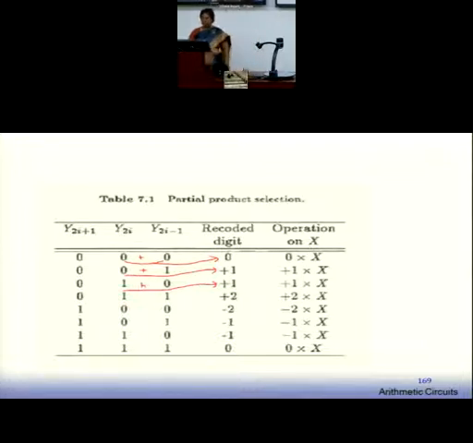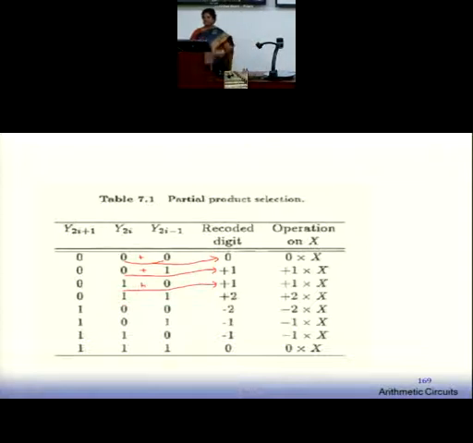Okay. So now there you have 4 combinations, here you have 8 combinations. So you are taking care of which combinations? 0, 1, 1, 2, -2, -1, 1, -1 and 0. Digit set is changed from -2 to 2.